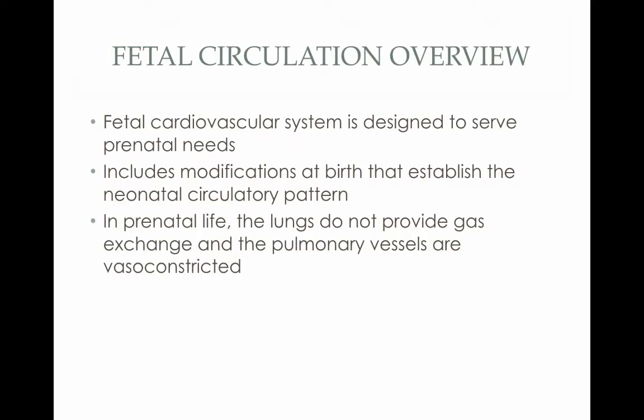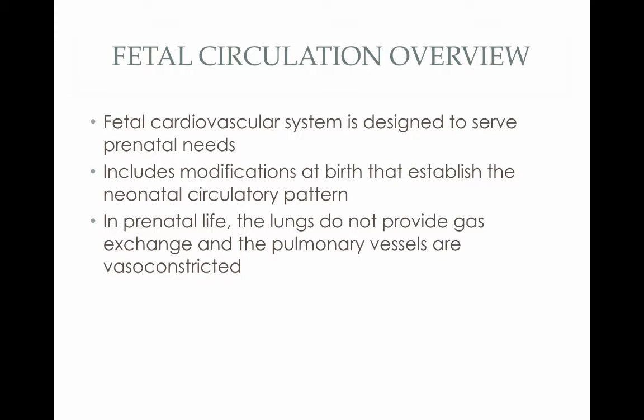So fetal circulation, the fetal cardiovascular system is designed to serve prenatal needs for development of the fetus. This includes modifications at birth that establish the neonatal circulatory pattern. So in prenatal life, the lungs do not provide gas exchange, and the pulmonary vessels are vasoconstricted.